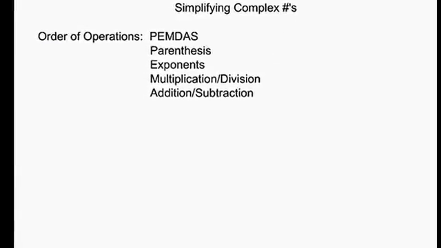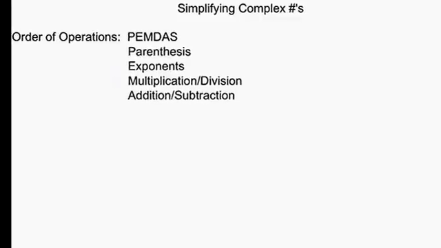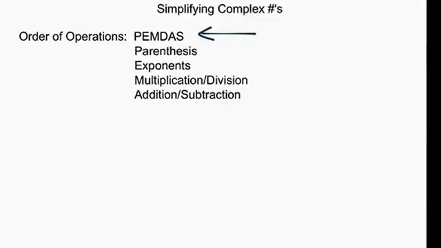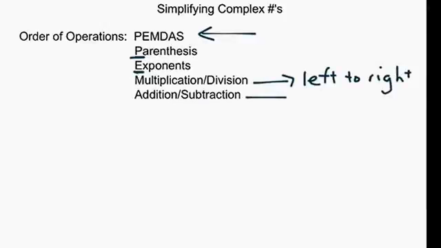And remember, that is PEMDAS: parentheses first, if we can simplify what's inside them. Then we do exponents. Then we do multiplication left to right. And then we do addition and subtraction left to right. Okay?